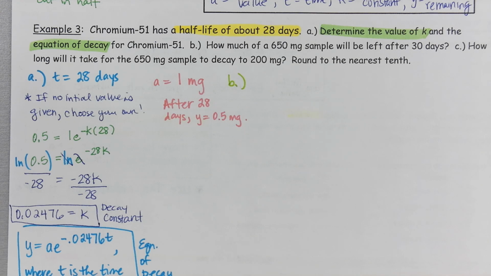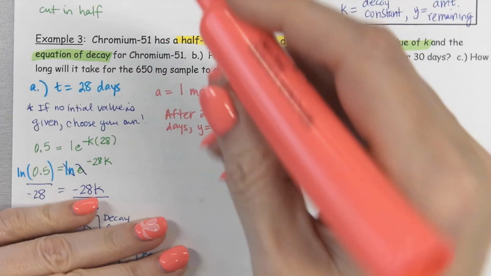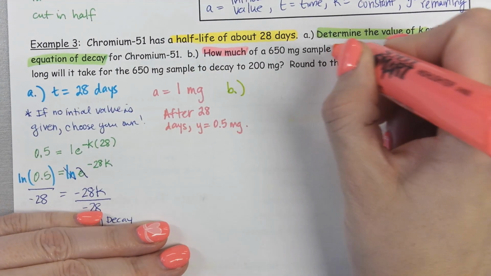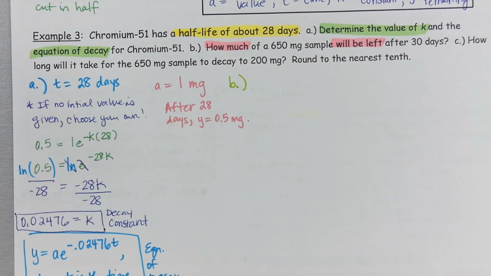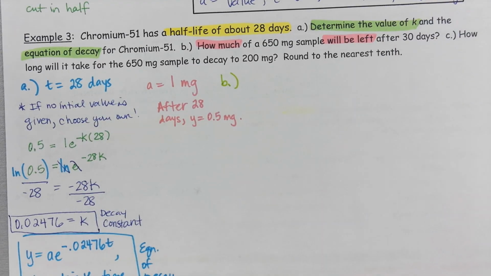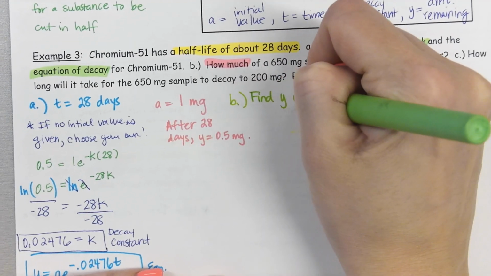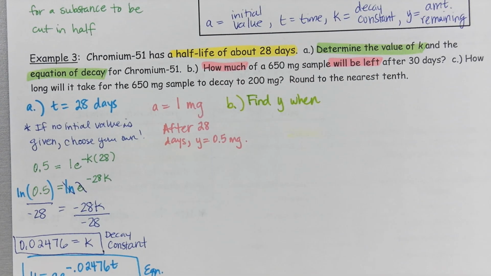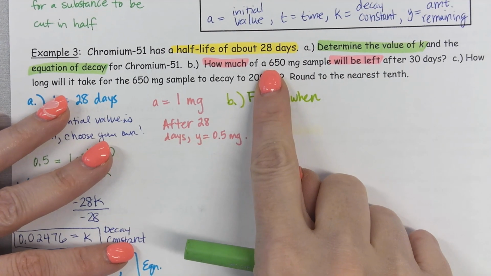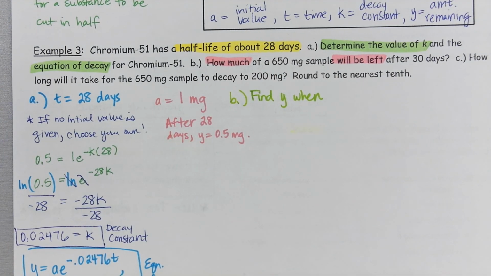Okay, so one thing to note is that it's asking you how much. Okay, so how much will be left after 30 days? If they're asking you how much is going to be left, then they're going to ask you to find y, when, and they give you 2 pieces of information. They tell you the sample is 650 milligrams. So what's that going to be plugged in for?